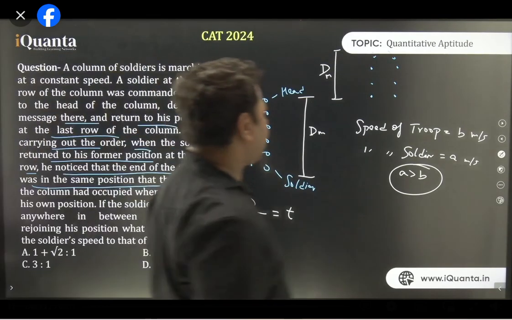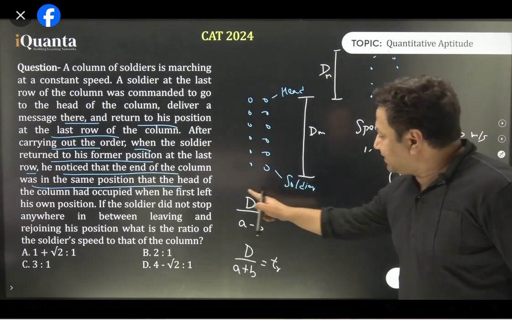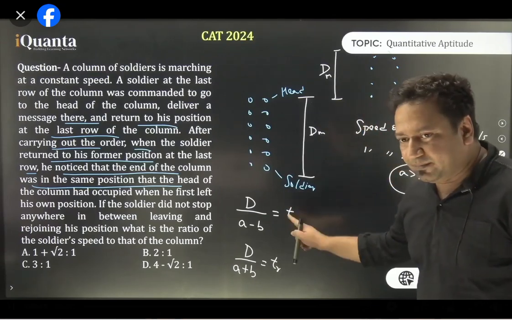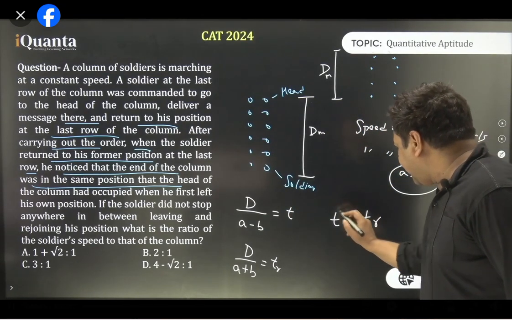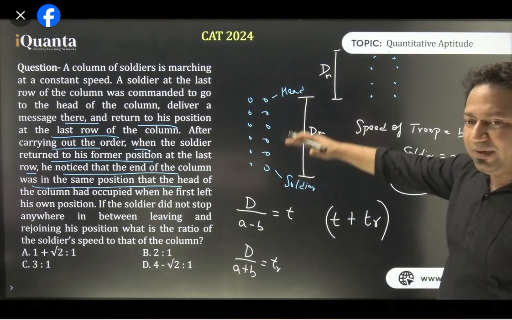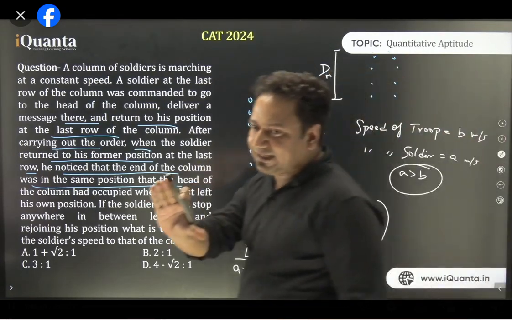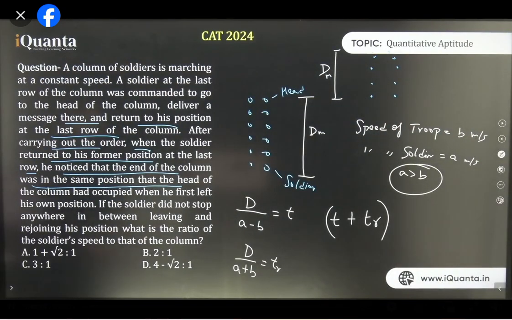Cool. Now, the total time taken is T plus TR. In this total time, the troop has moved how much? The troop has moved D units. Can I say that? Yes or no?